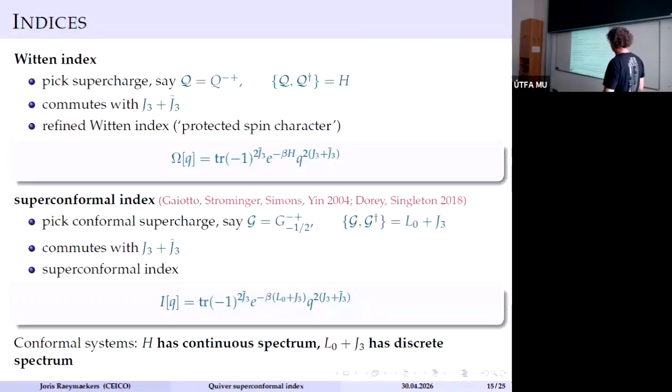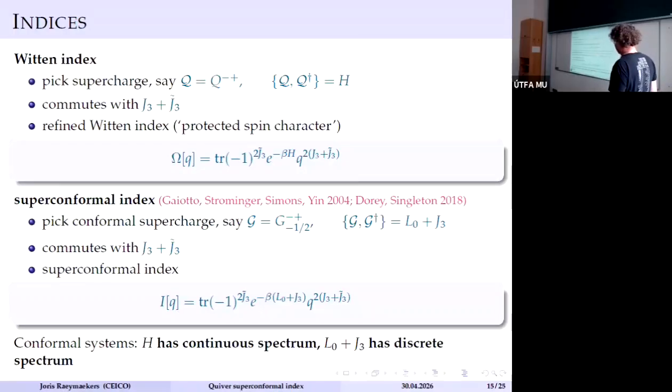You would first restrict by hand to ground states and then refine those states, keeping track only of J3 in those states. But for the specific case of this quiver quantum mechanics, the spectrum is such that the quantity they considered has been argued to be also an index. It's not exactly the same as what we're considering, but it's very close.